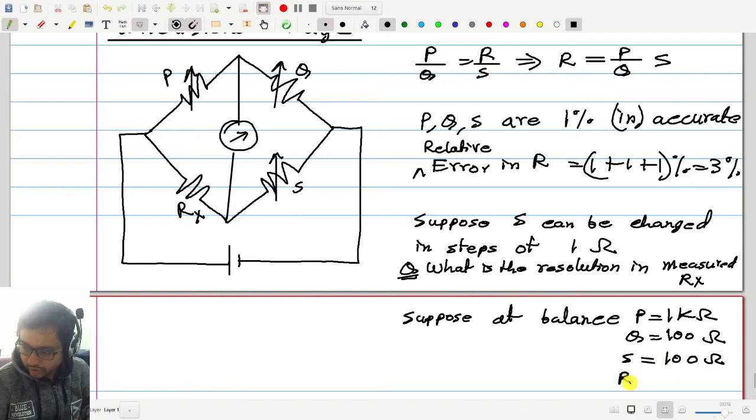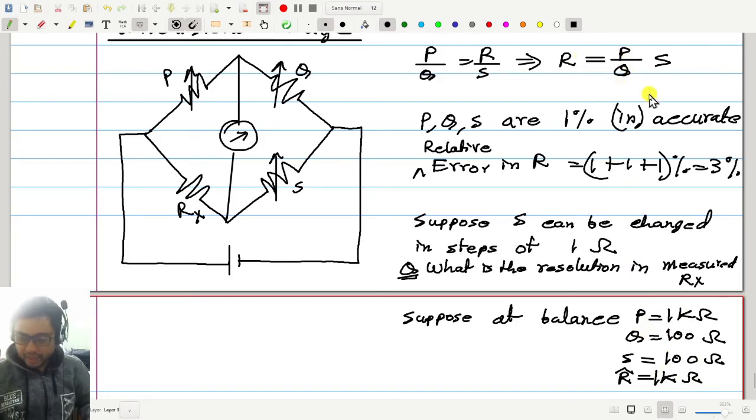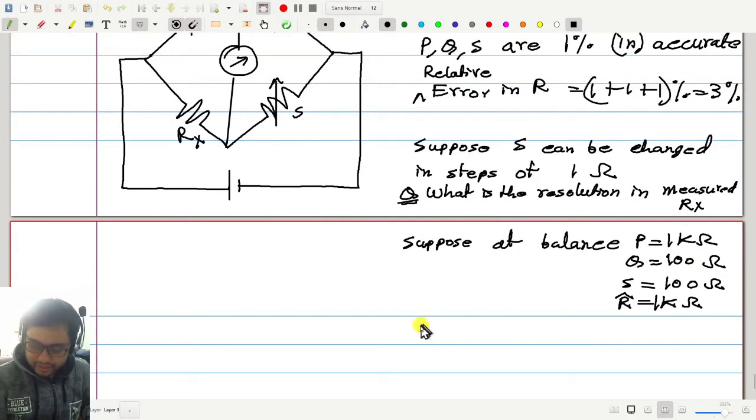So what should be the value of R? R is estimated to be 1K, right? Am I correct? P by Q is 10, R by S is 10. Yes, I am correct.